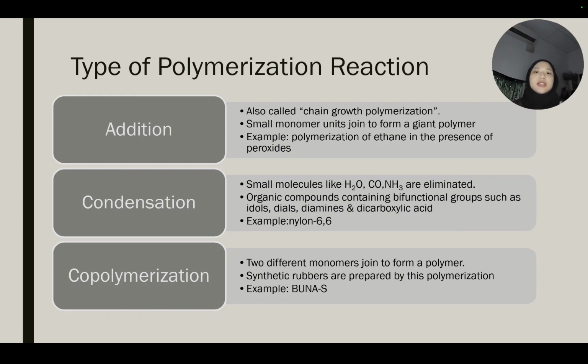Addition is also called chain growth polymerization, where small monomer units join to form a giant polymer. For example, polymerization of ethene in the presence of peroxides.